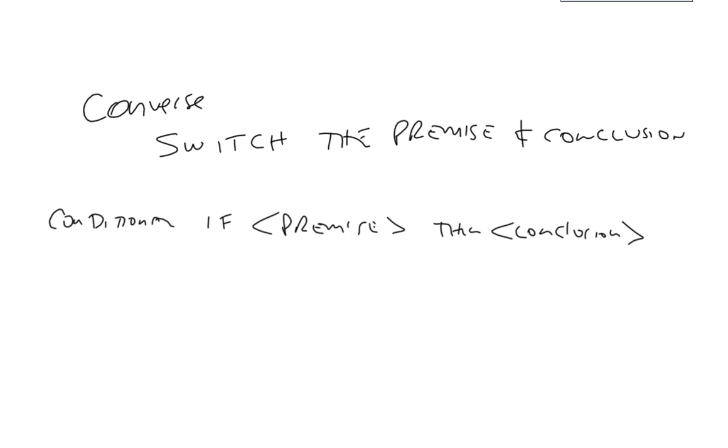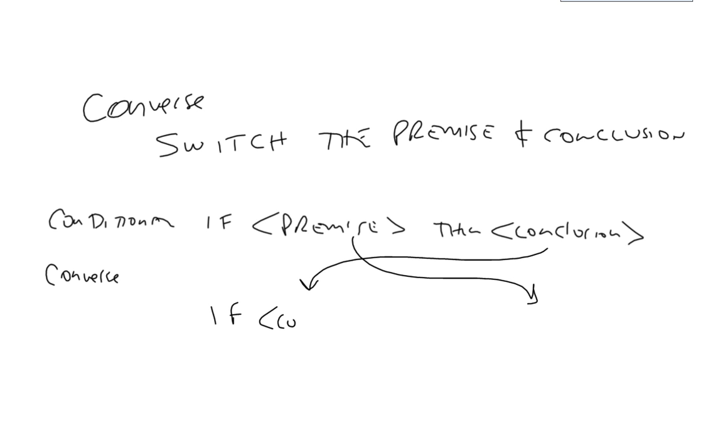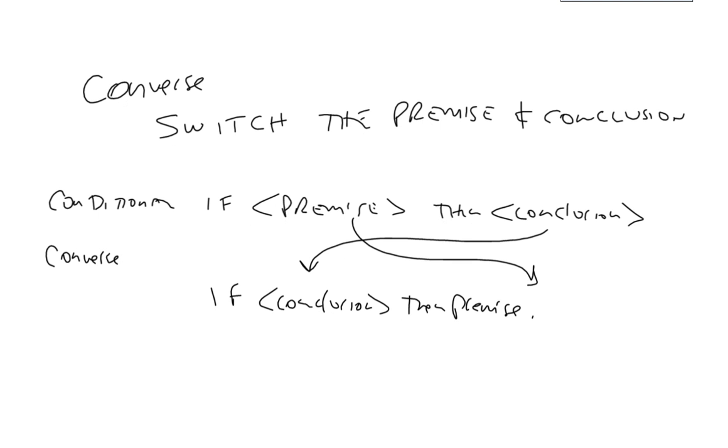When we take the converse, the converse says, take the conclusion, make that the premise, take the premise, make that the conclusion. So it's if conclusion, then premise. And the question is, is the converse always true?